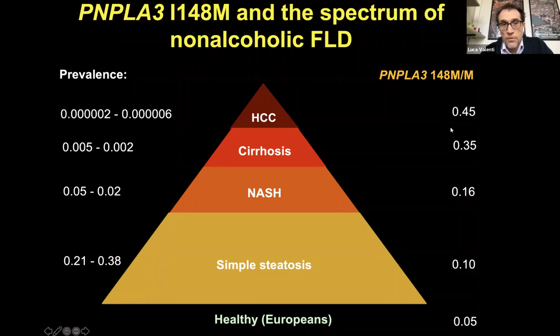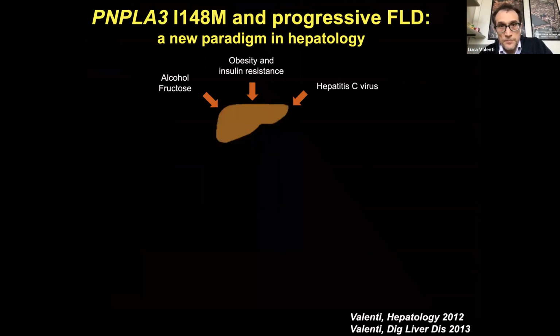So this is a 9-fold absolute increase in the risk of finding this genotype, which is a huge genetic effect on this condition. It is very similar to the increase in the risk of liver cancer conferred by the classical mutation of hereditary hemochromatosis, which is a well-known genetic cause of liver disease.